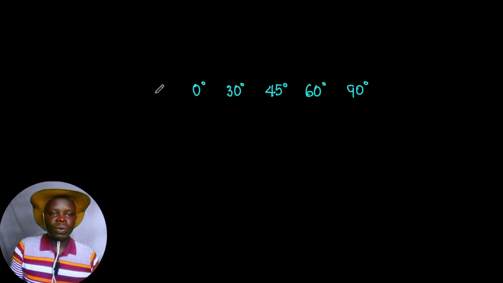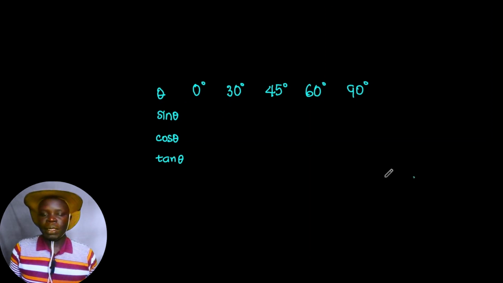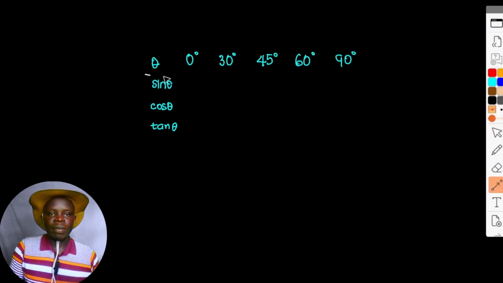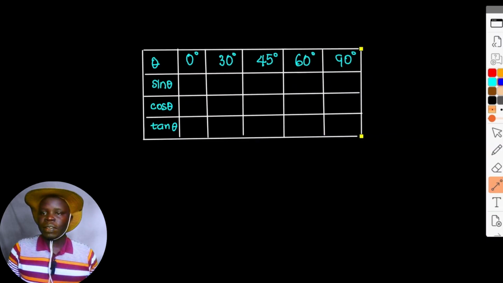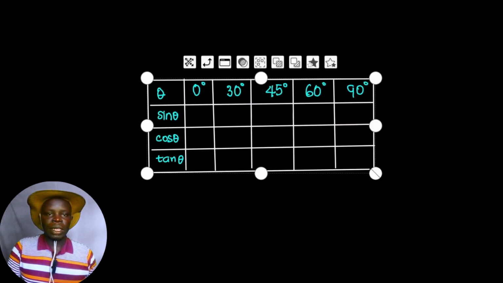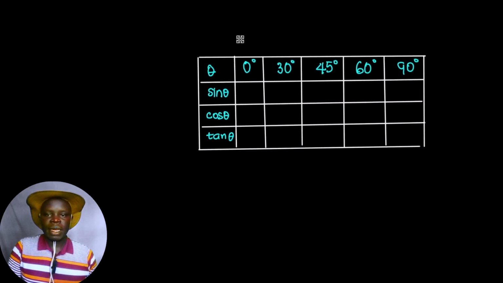And then for the rows, we have the angle theta, sine of our angle theta, cosine of our angle theta, and finally tan of our angle theta. Now, what is the technique that we need to use to fill this in?